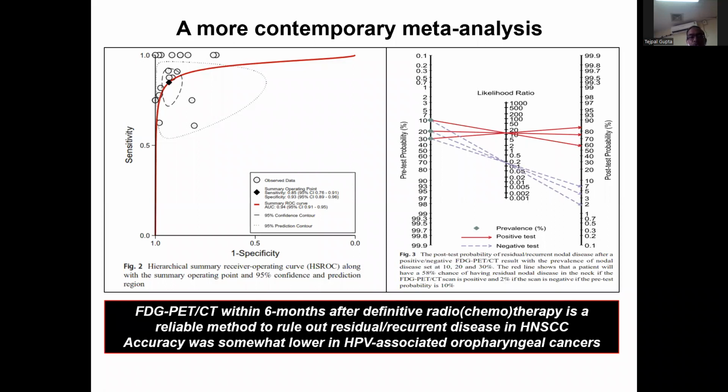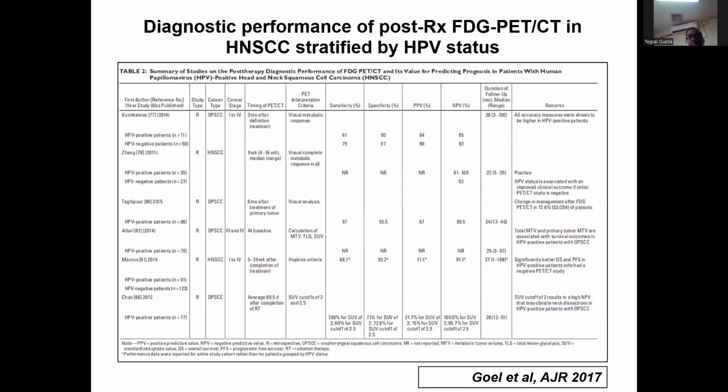Importantly, what they also showed was that the accuracy was somewhat lower in HPV associated oropharyngeal cancers, and that was because many a times with the HPV positive disease, the nodes tend to shrink slowly, and you have to allow a much longer time for the morphological remission of the neck nodes.